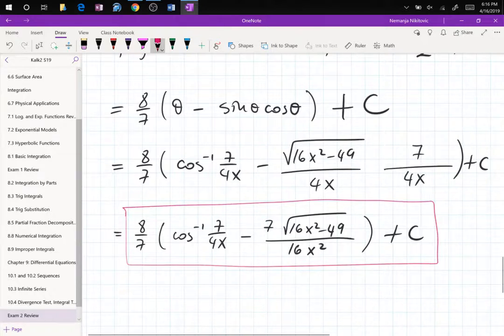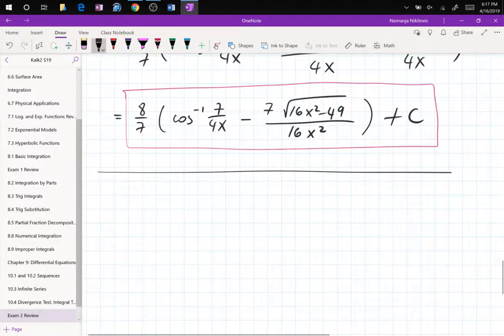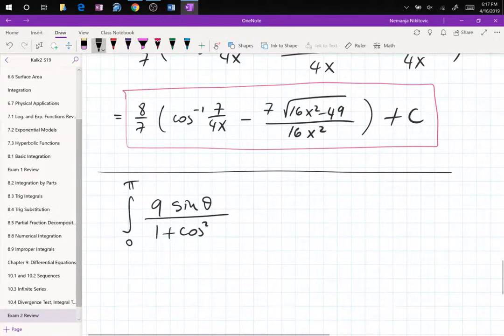What is this? Integral 0 to pi of 9 sine theta divided by 1 plus cosine squared theta d theta.